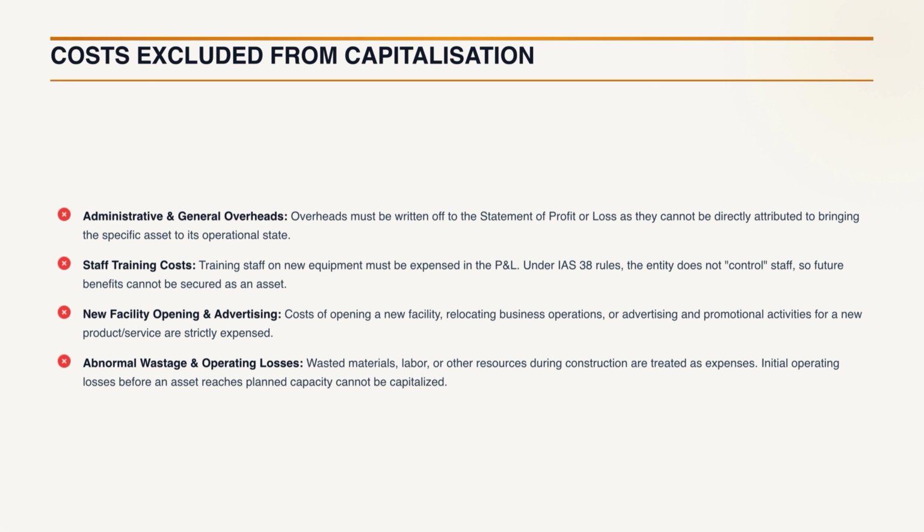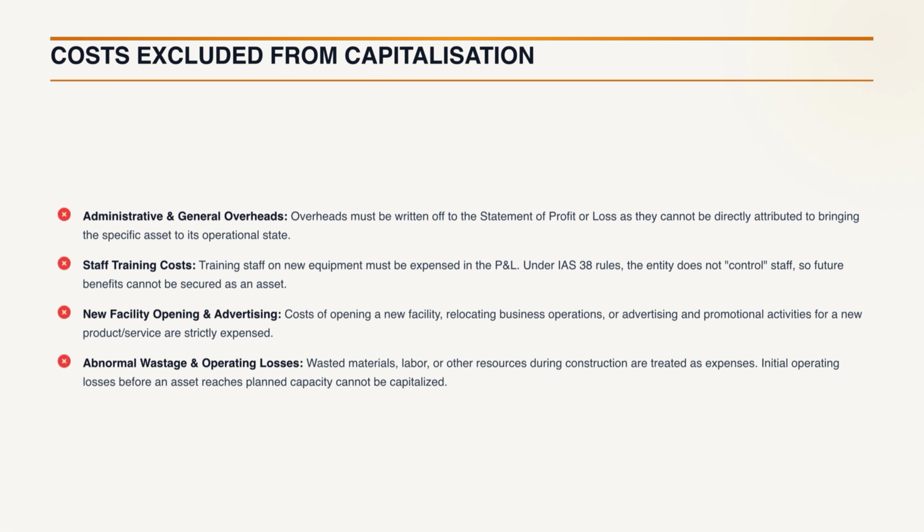Under IAS 38, you do not control your staff because they can quit, so training cannot be capitalized as an asset. Third, costs of opening a new facility, relocating operations, or product advertising must be written off. Fourth, any abnormal wastage, excessive labor errors, or initial operating losses incurred while ramping up production cannot be capitalized.